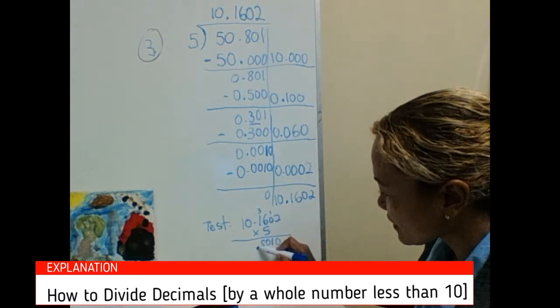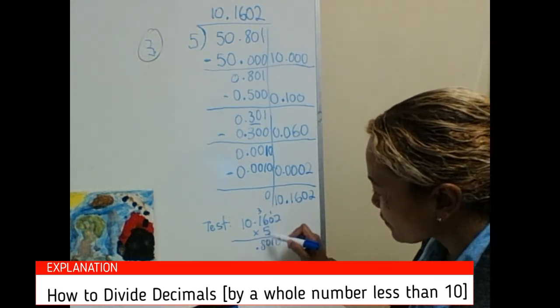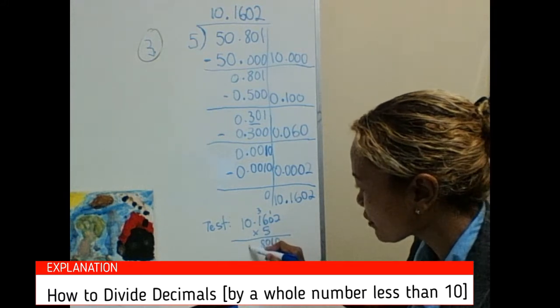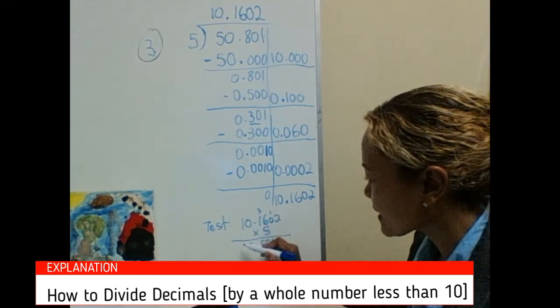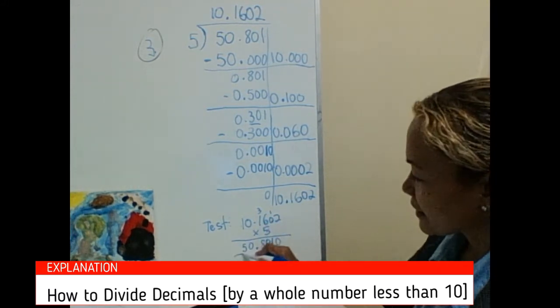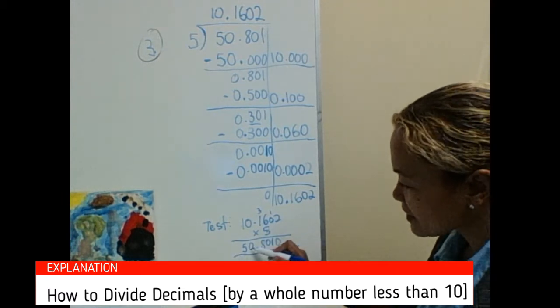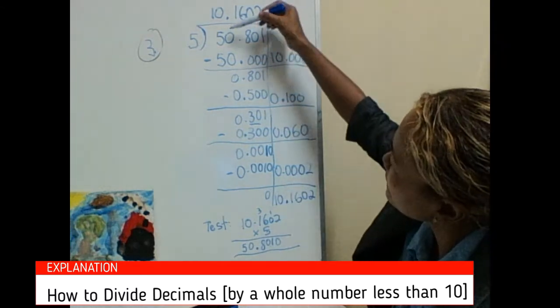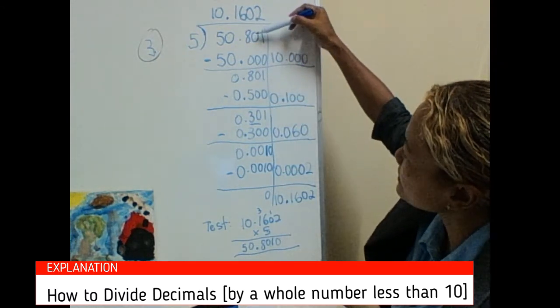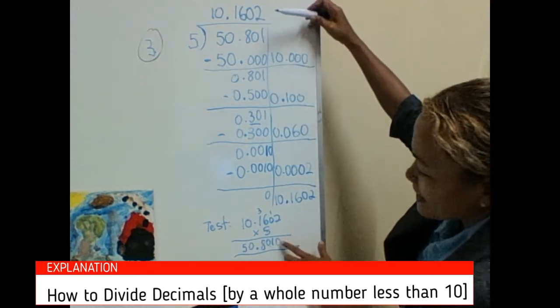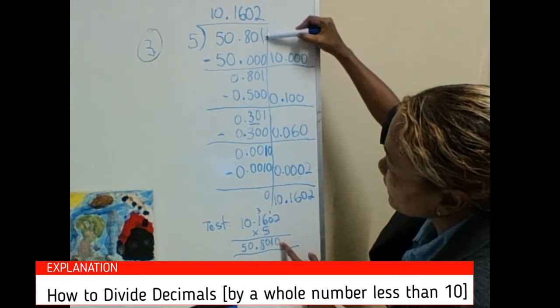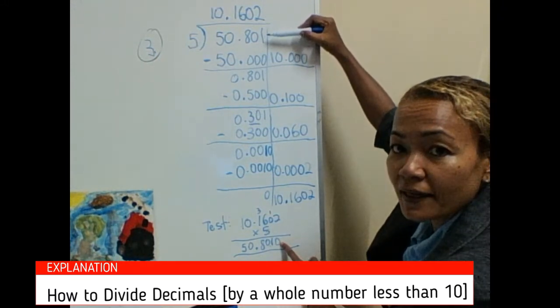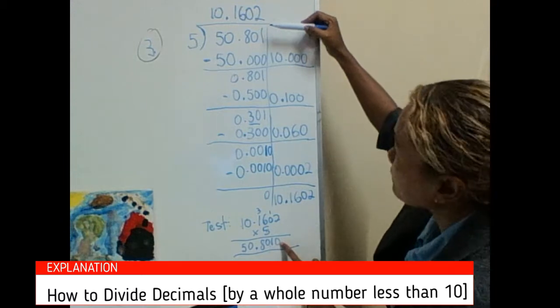We get to the decimal point. 5 zeros are 0. 5 1s are 5. What do we get? 50.8010. Does it match this one? 50.801. Is it the same if you have an extra 0 here and just ending in the 1 up there? Yes, it's exactly the same number.